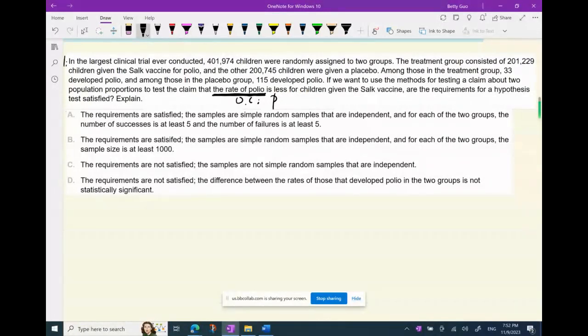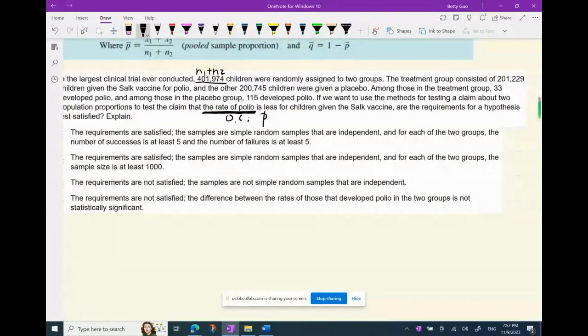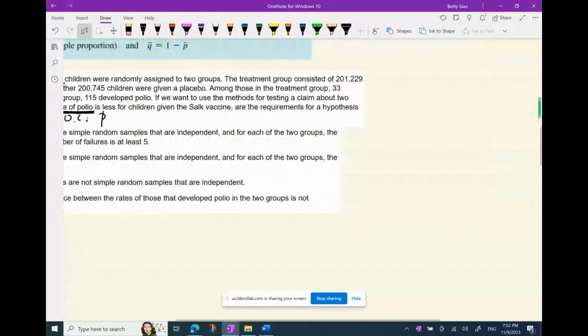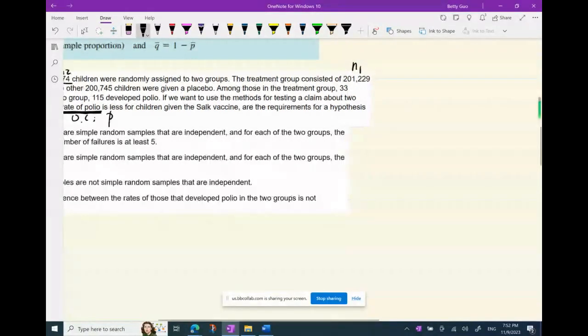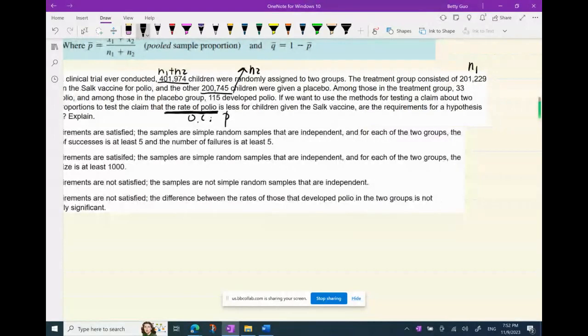Let's organize the information we have. We have two groups, and we let the first group be the first sample. So n sub 1, the first sample size, is that. This is n sub 2. And this is 33.